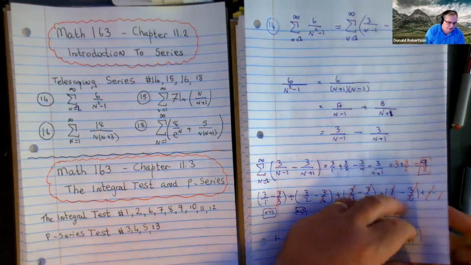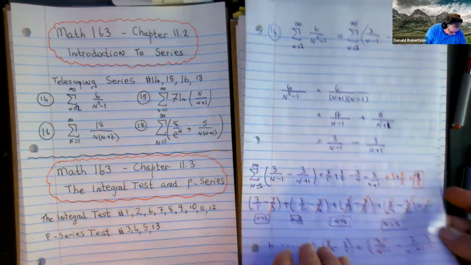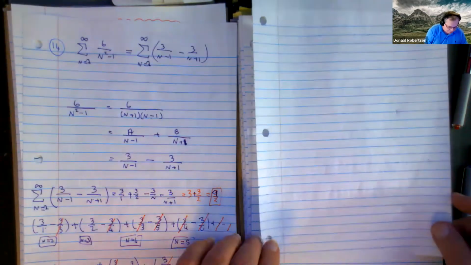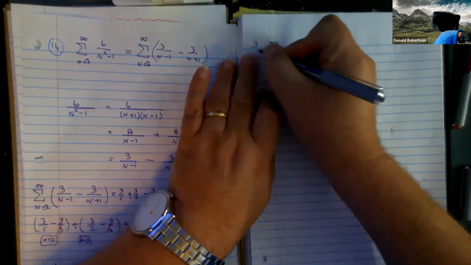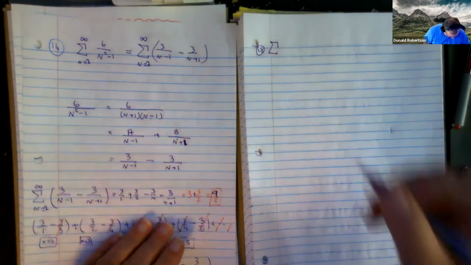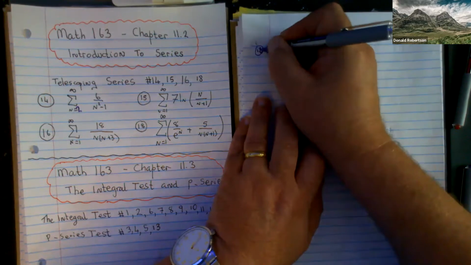Okay, let's do 16, which is very similar to this one. And then we'll show you the other two, which are not really, well, one of them anyway is not that similar. So this one is, I think it's 18. Let's check the number. No, it's not. 16.